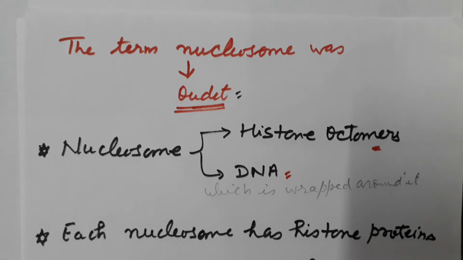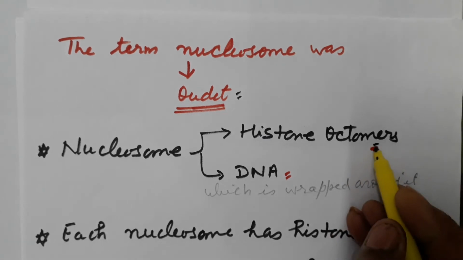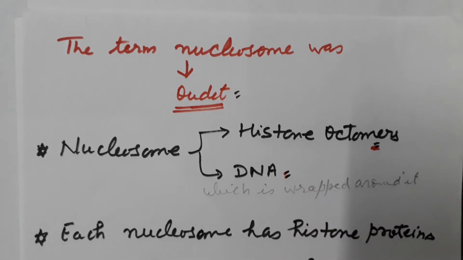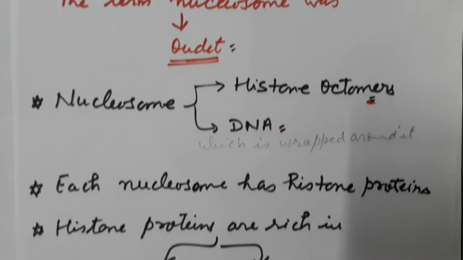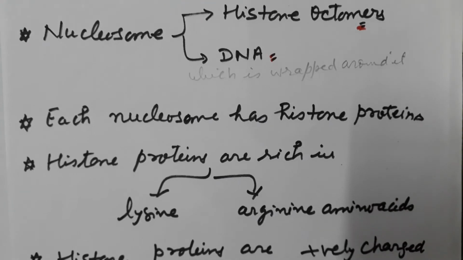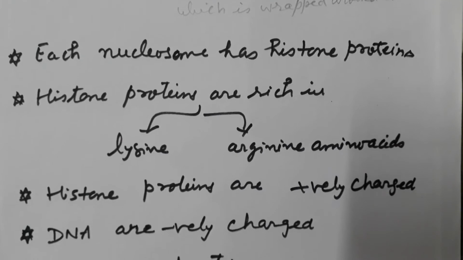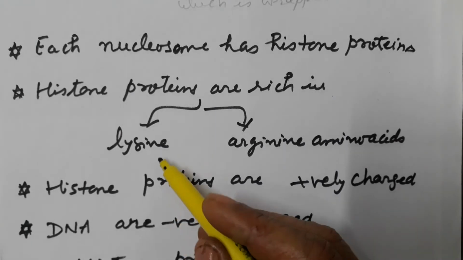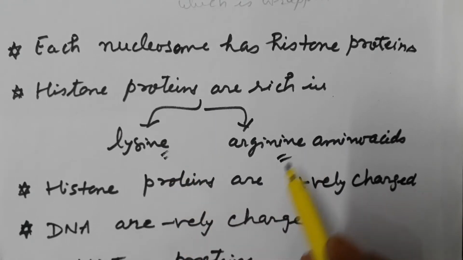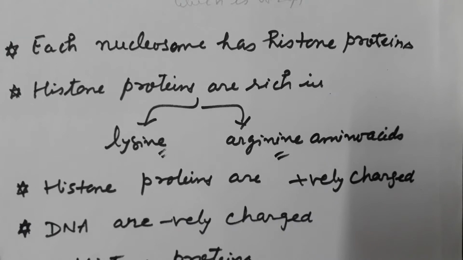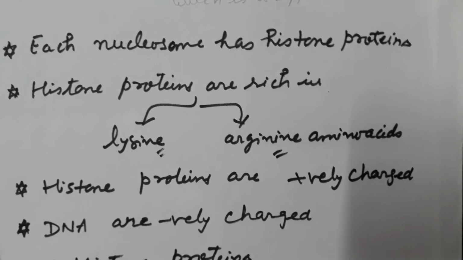Each nucleosome is made up of a histone octamer and the DNA which is wrapped around it. Histone proteins are rich in lysine and arginine amino acids. This is a very important question.